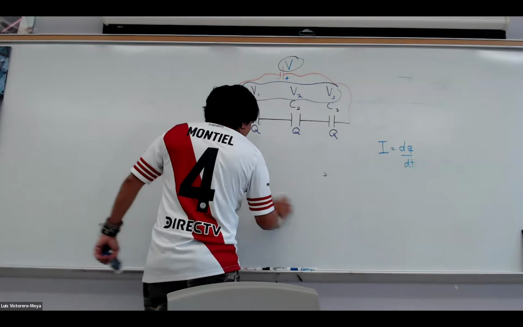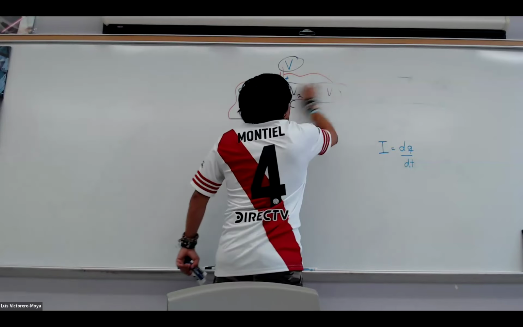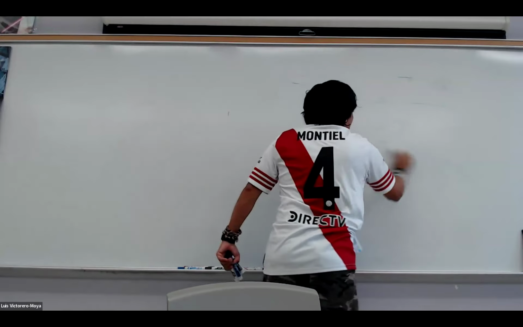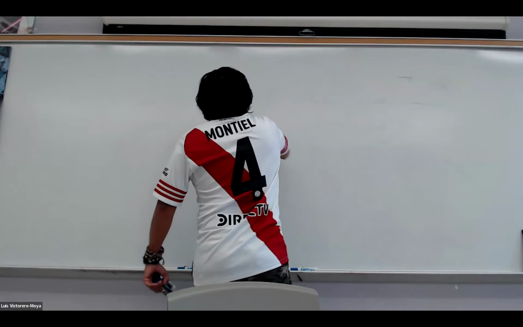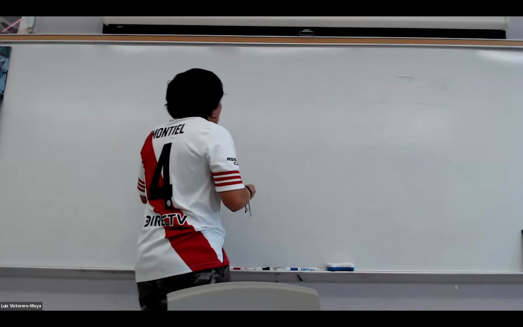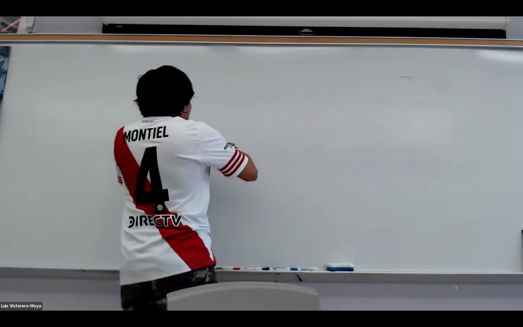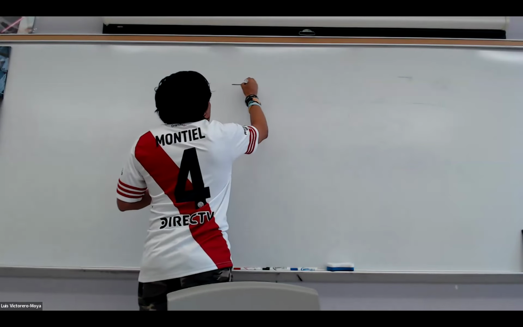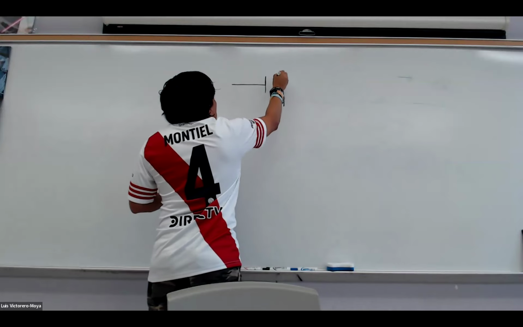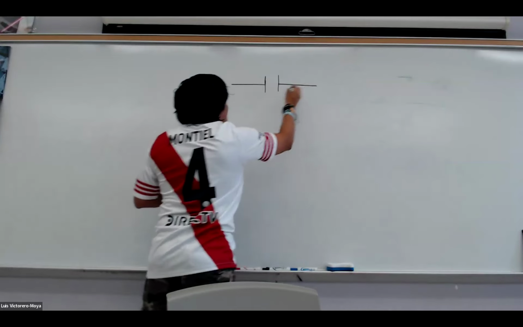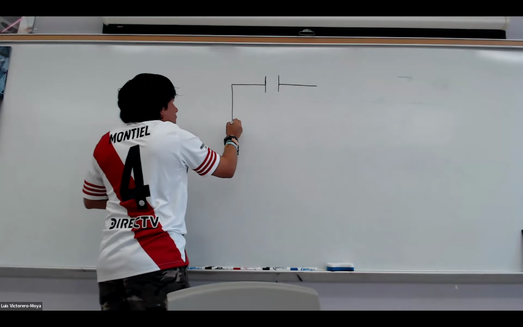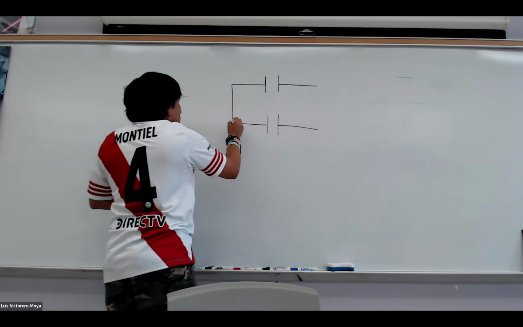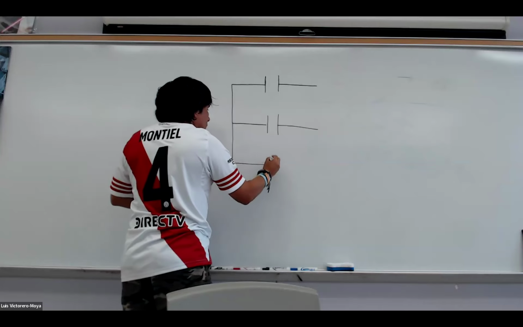Now for parallel, let's take a look at parallel. For parallel, the voltage across each capacitor is the same. It's because of the way they are plugged. This is a parallel setting. You see that?